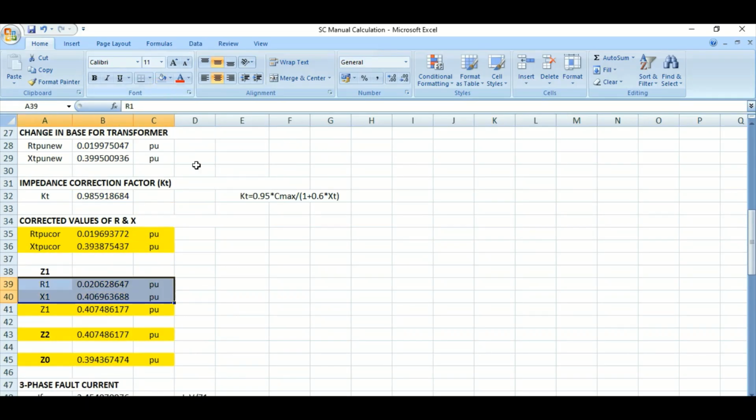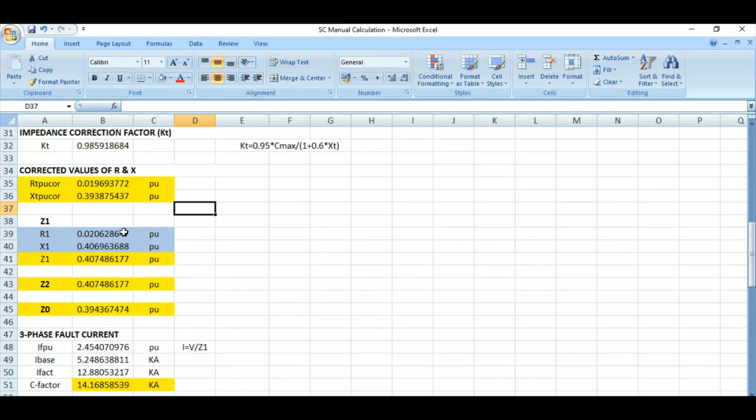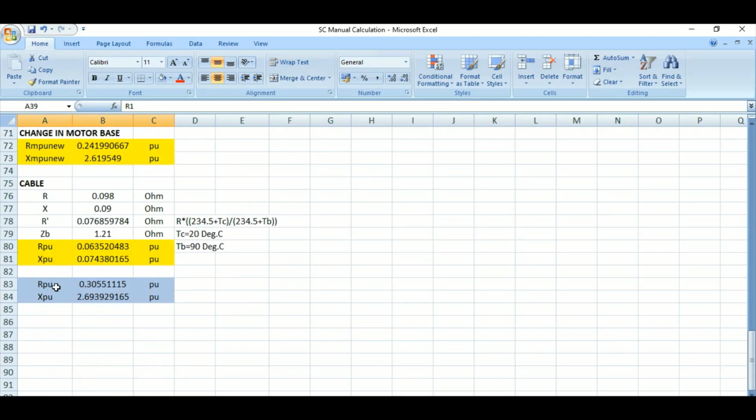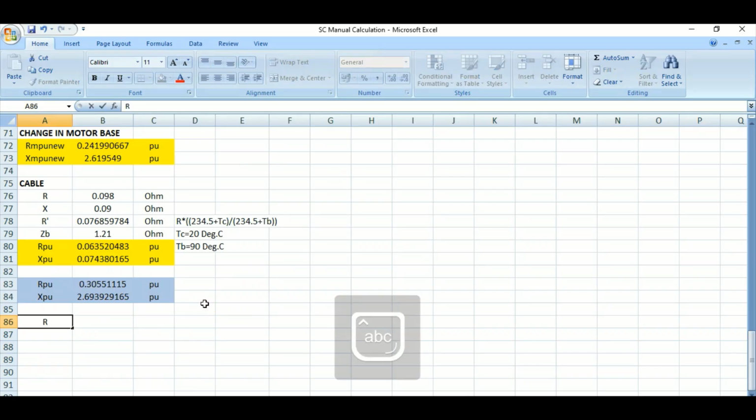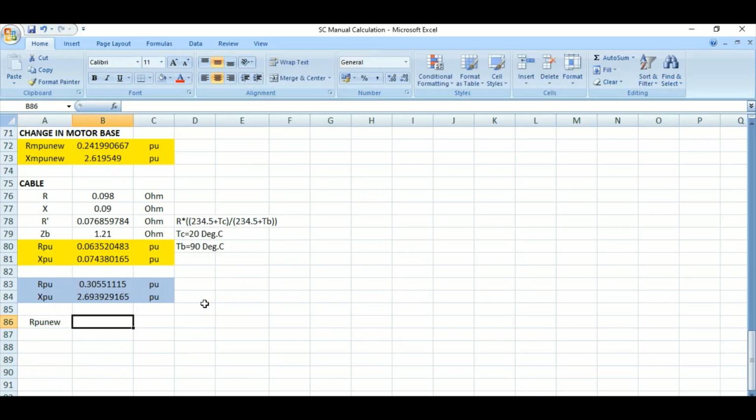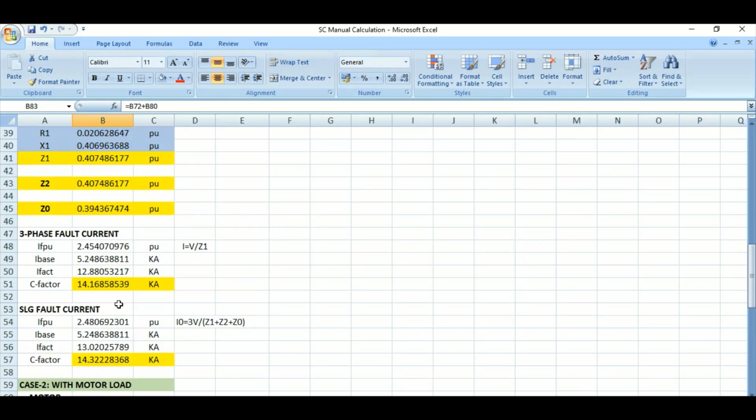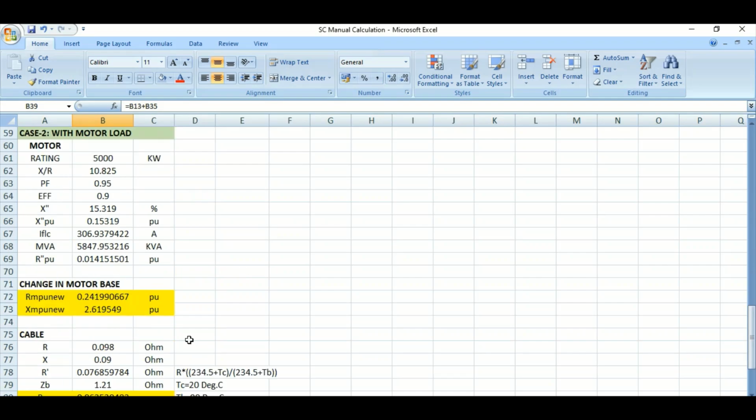Yeah, these two values we need to consider, because this impedance value is in parallel combination with this value. So what will be the new equivalent value? That will be this resistance value in parallel with this resistance value, right?